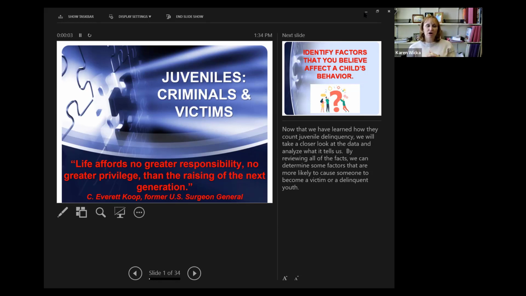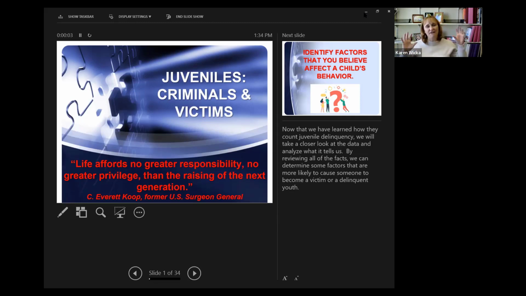Now let's switch and talk about risk of becoming delinquent. So just like becoming a victim, anyone can become delinquent, but there are certain factors that may make certain juveniles more likely to become delinquent. So anyone can be delinquent, but that doesn't mean everyone has equal risk of being delinquent.